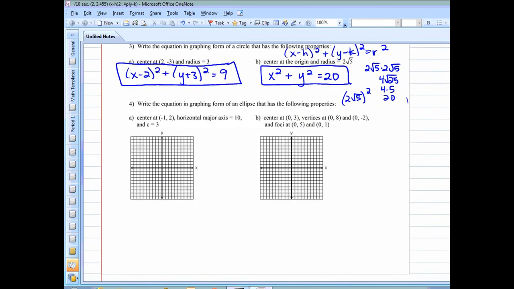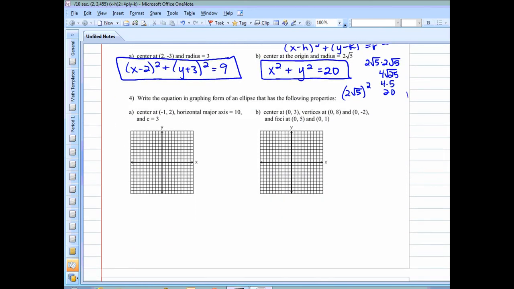The next part is going to talk about ellipses. So let's be reminded that for an ellipse, we look at the denominator and see where the bigger denominator is located to determine vertical or horizontal. So let me give you a quick reminder of those. When it's vertical, we have x minus h squared and y minus k squared, both for the numerators.